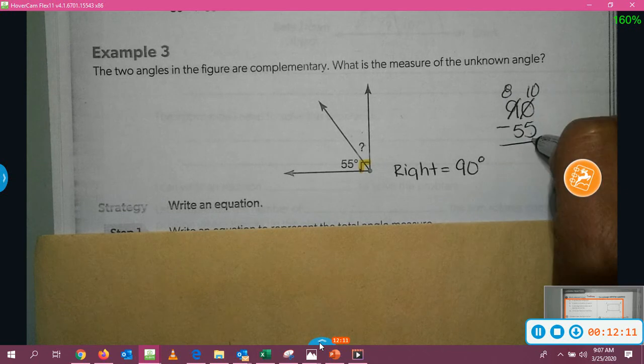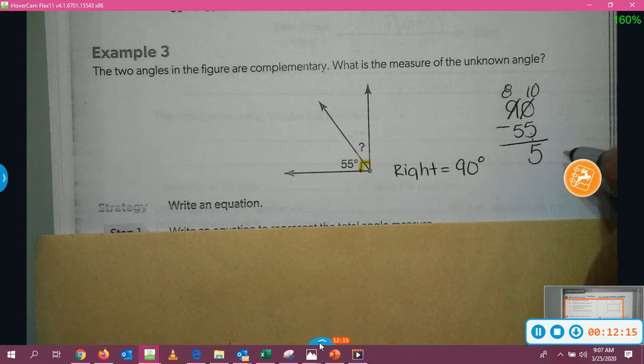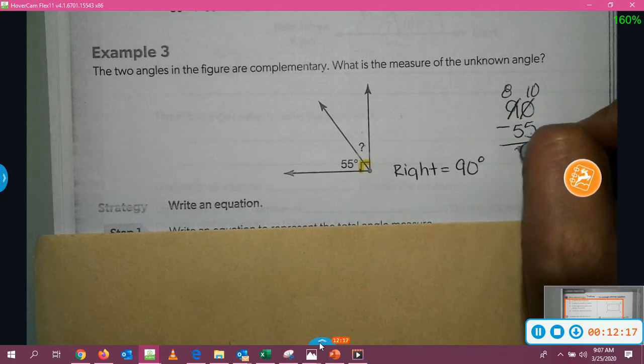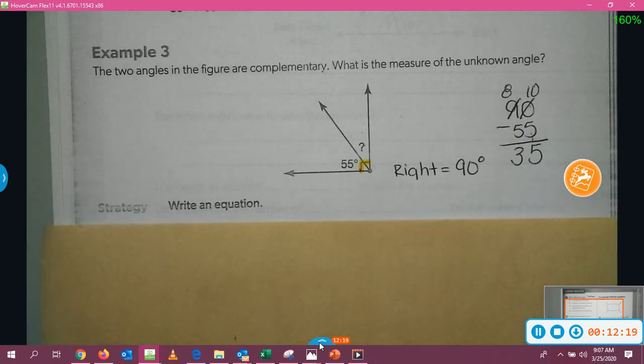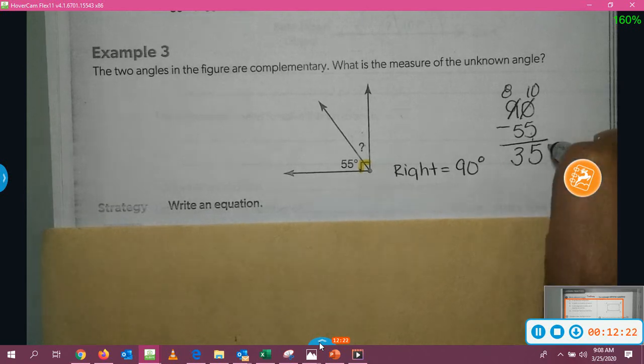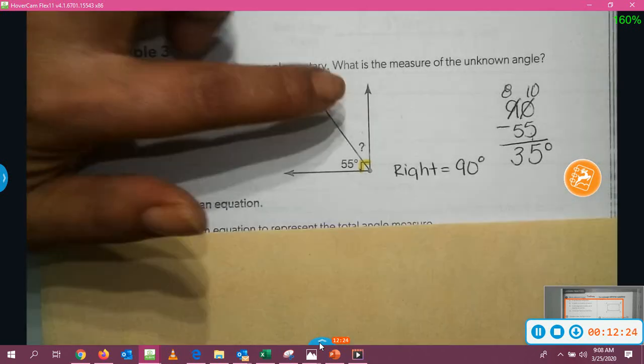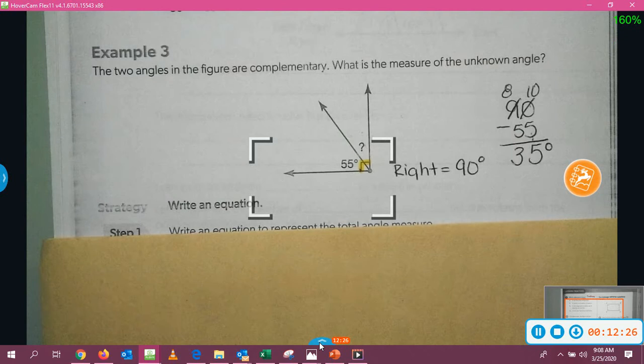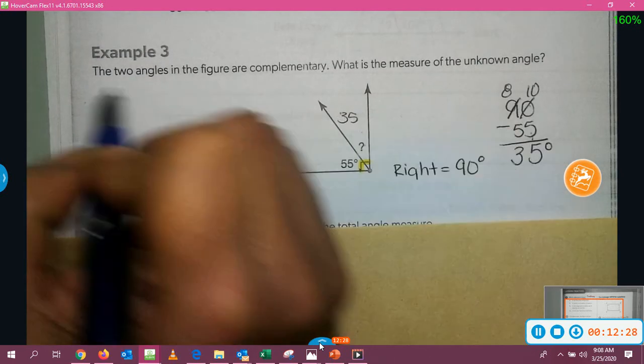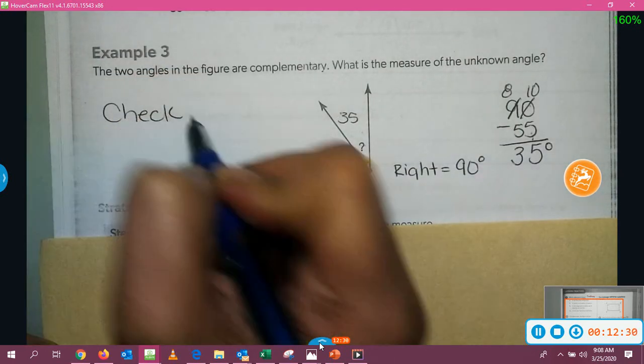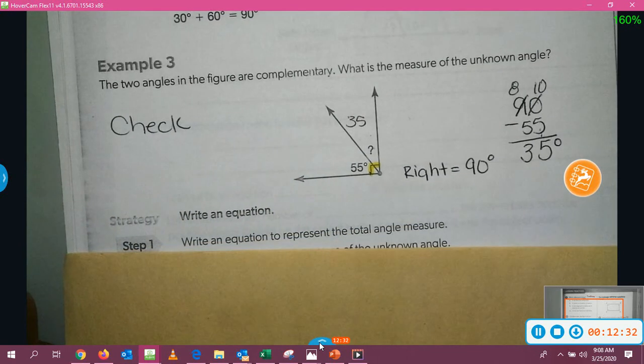So 10 minus 5 is how much? Right. And 8 minus 5 is 3. Great job, y'all. 35 degrees. So what is the unknown angle? 35. Right. How can we check our work?